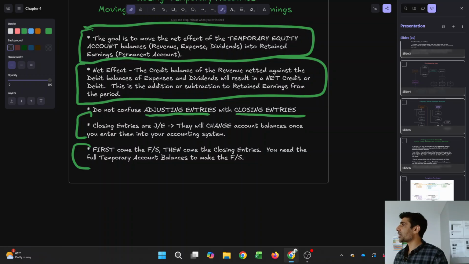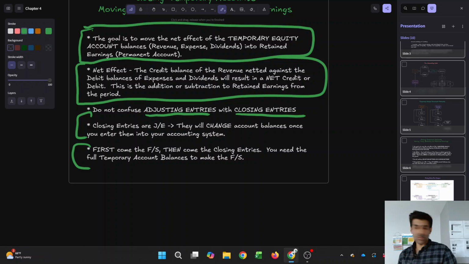Your balance sheet would actually be correct because we're updating retained earnings by incorporating the revenues, expenses, and dividends. So if you did the closing entries first, you would only be able to produce one financial statement, the balance sheet, because your retained earnings would be the ending balance of retained earnings.